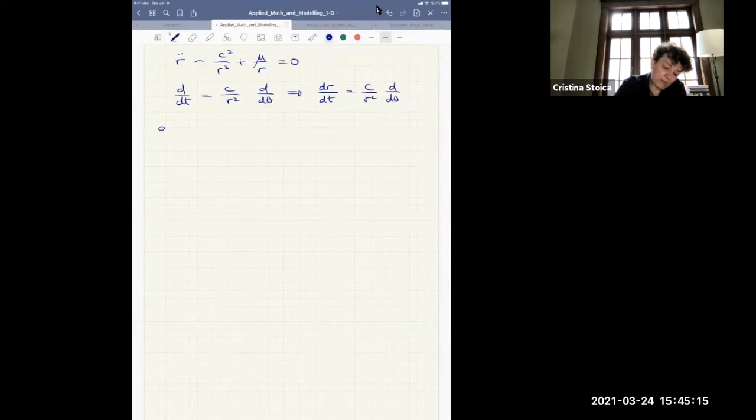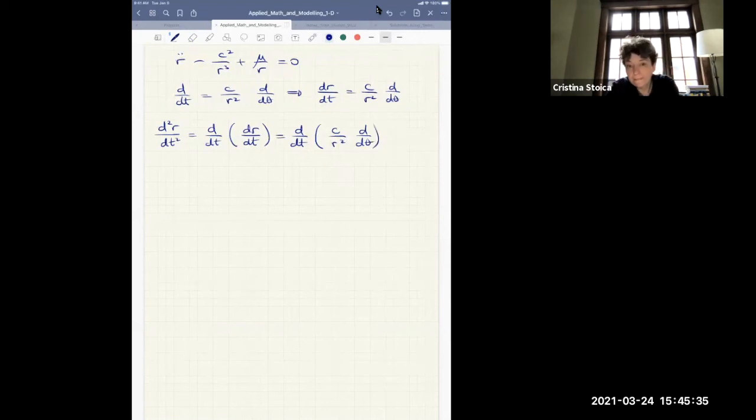And now I want to do d²r dt². So this is d dt of dr dt. So it's d dt of C over R squared dr d theta, correct?